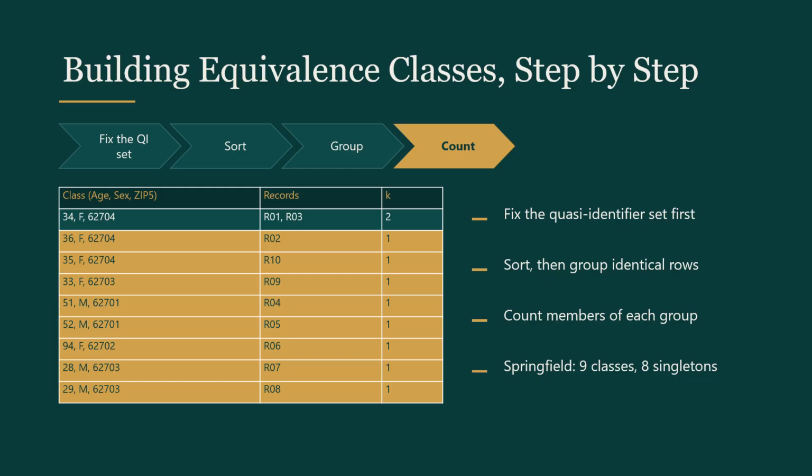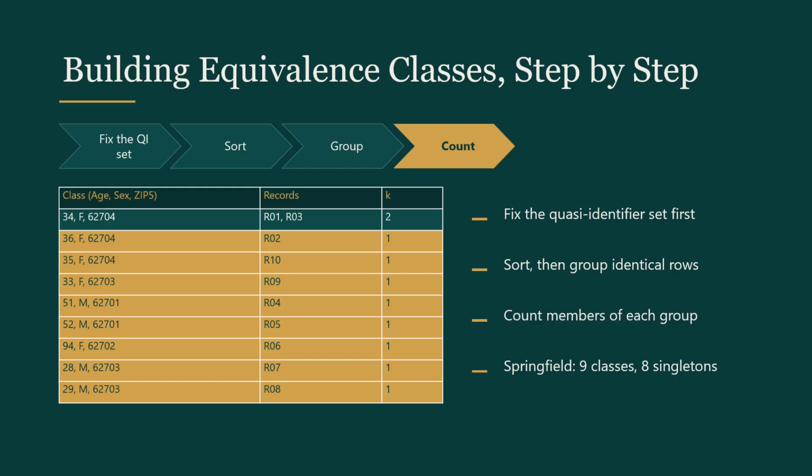Now the rest. R02, 36, female, 62704, alone. R10, 35, female, 62704, alone. R09, 33, female, 62703, alone. R04, 51, male, 62701, alone.